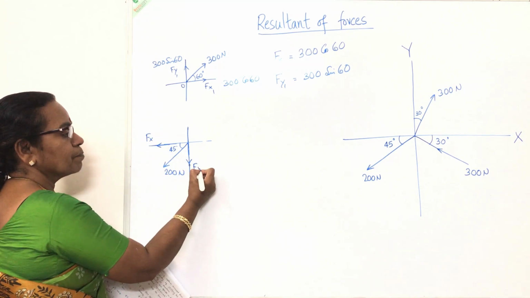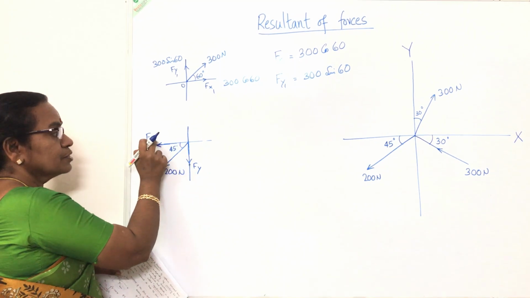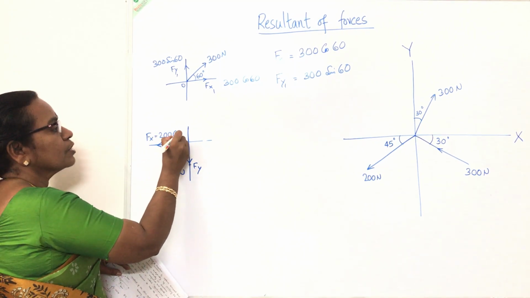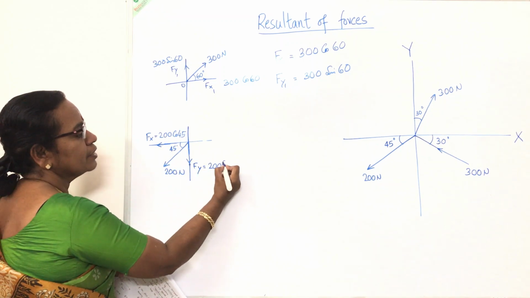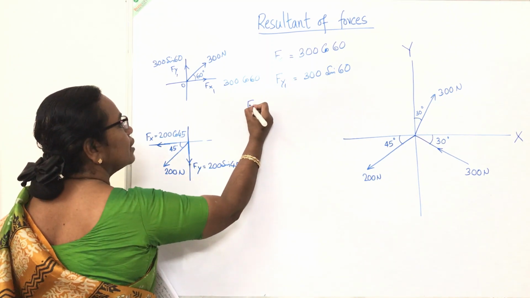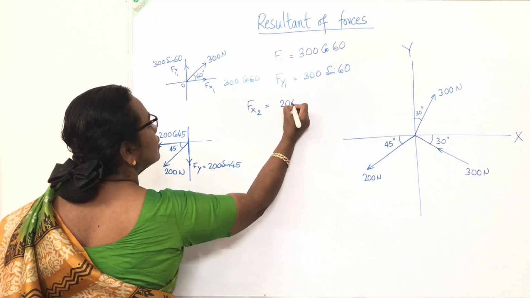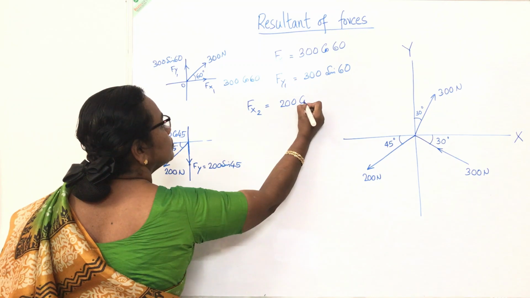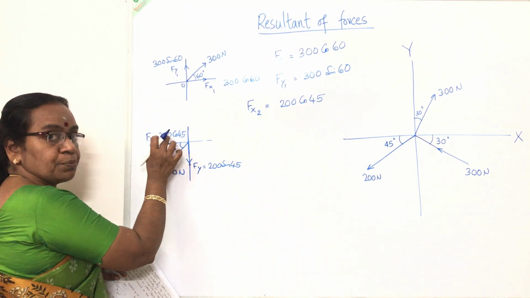This is Fy. This is 200. This angle is 45 degree. So this component will be 200 cos 45. And this component will be 200 sin 45, or for the second force the x component is 200 cos 45.